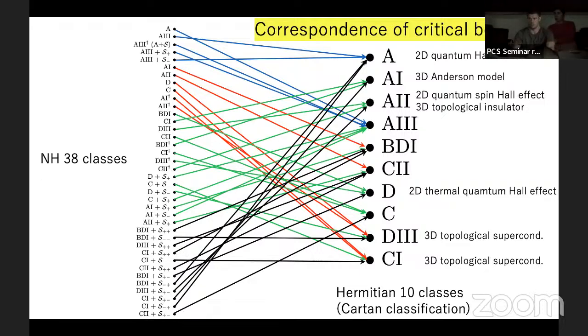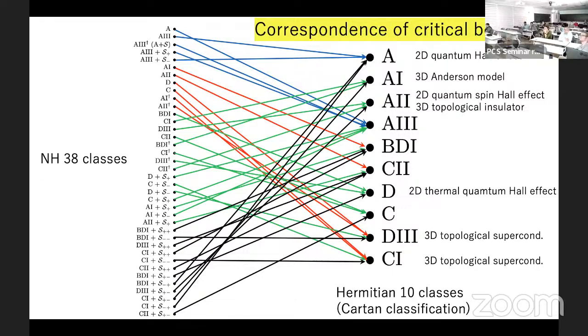Right, yeah. Even in one dimension, for example, the non-Hermitian Hatano-Nelson model has critical behavior with critical exponent 1. And it is mapped to class BDI. And in one dimension, class BDI also shows exponent mu equals 1. And SSH, for example. Yeah.